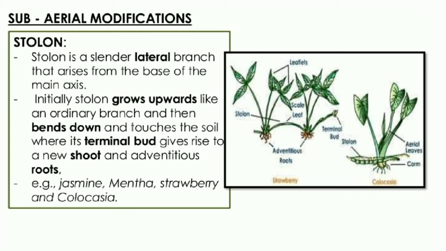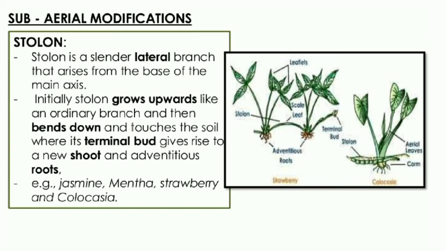For example, we have jasmine, mentha, strawberry, and colocasia. Simply remember, if one branch of a normal plant bends towards the soil and reaches it, it will form shoots and adventitious roots in the soil. Hence, it is called a stolon.